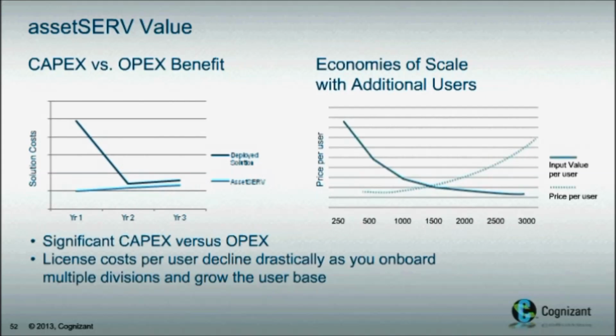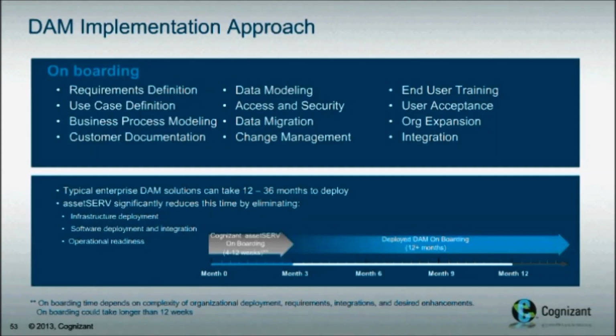And that really is the benefit of assetSERV in an enterprise, and why you want to look at implementing it enterprise-wide. Let's talk about another benefit. Not only do you have a cost saving, CAPEX versus OPEX, and the network effect of more users, more collaboration, and more adoption of the system, you also have the time effect.